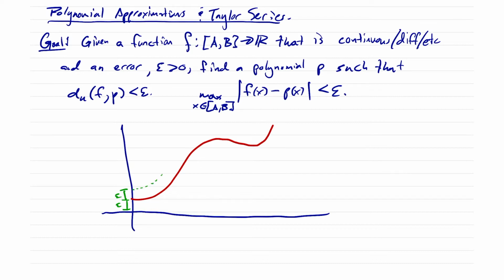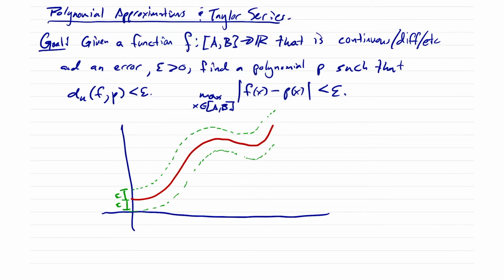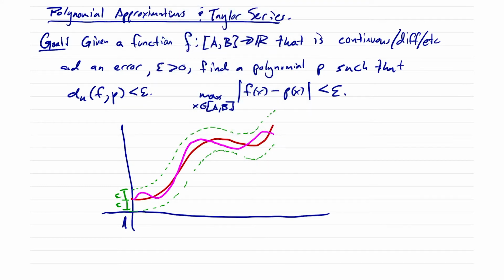If we fit a window of width epsilon around our function, then the idea is that we want to find a polynomial, in pink, that stays within this window going from, let's call this A, and let's call this B. And so that's the general idea.